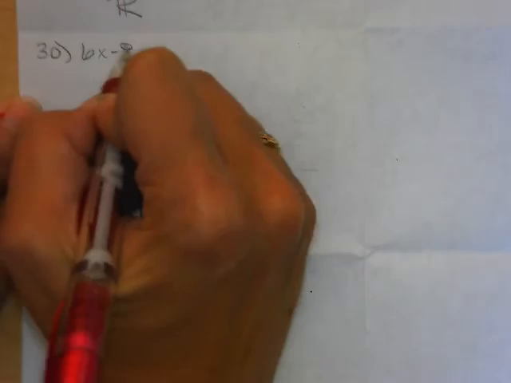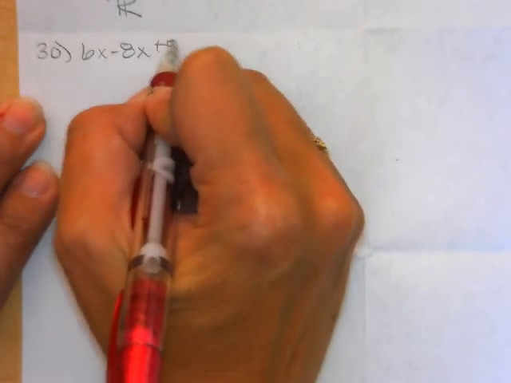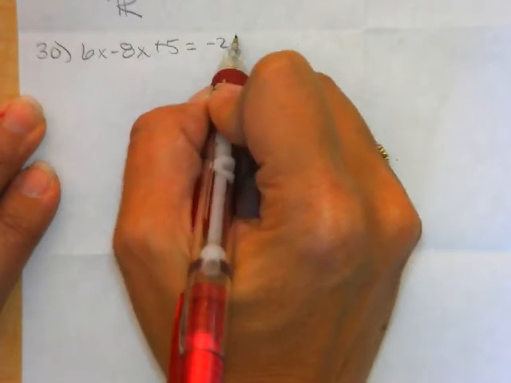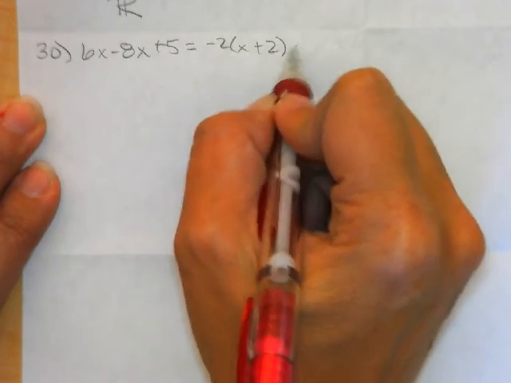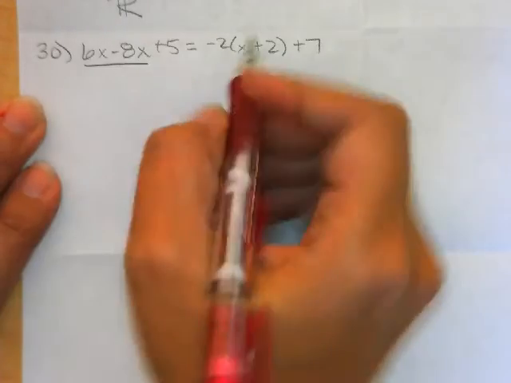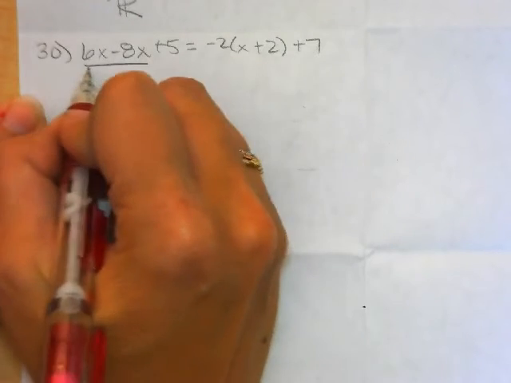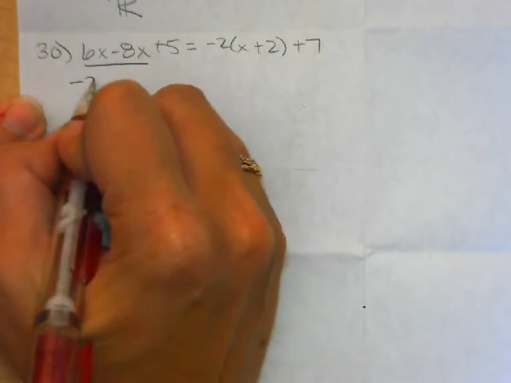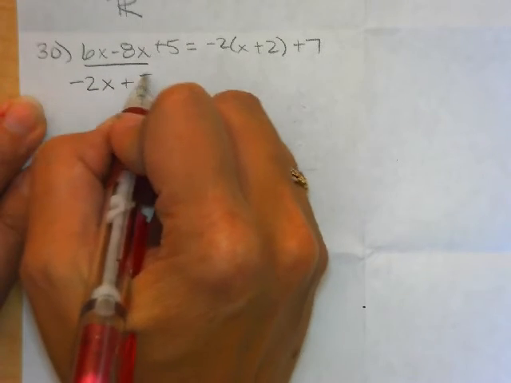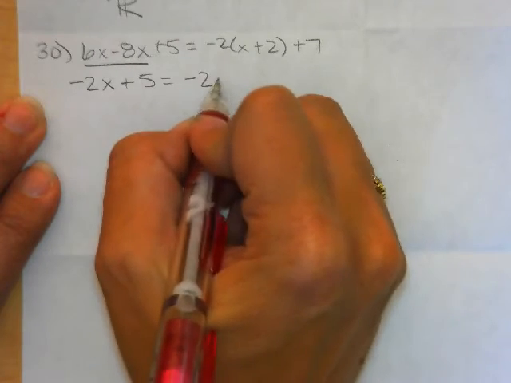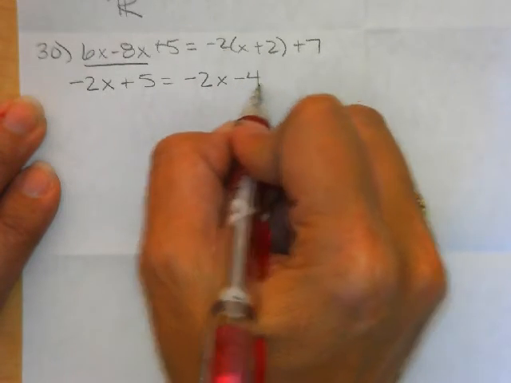Number 30, 6x minus 8x. So again, you're going to have to go ahead and collect like terms. You're also going to have to distribute on this. Those steps are not going to go away. I'm not going to collect like terms. Well, I'll go ahead and do it on this side. Negative 2x plus 5. I'm going to distribute here. Negative 2x minus 4 plus 7.